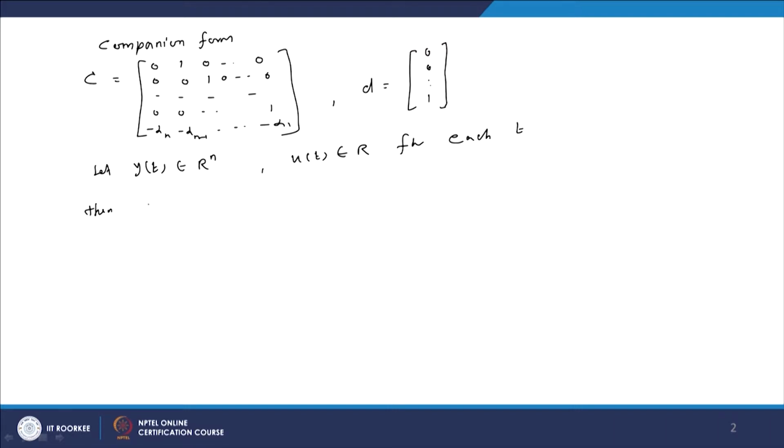Then the control system y dot, that is dy by dt equal to Cy plus Du, is called a companion form. So, any control system which can be written in this particular form is called a companion form of that control system.